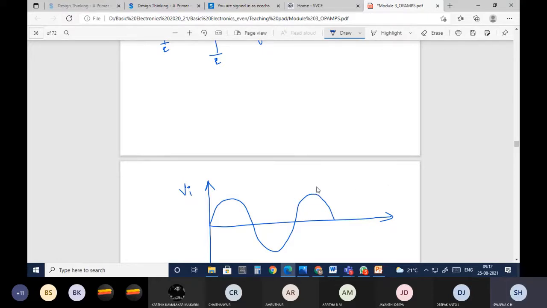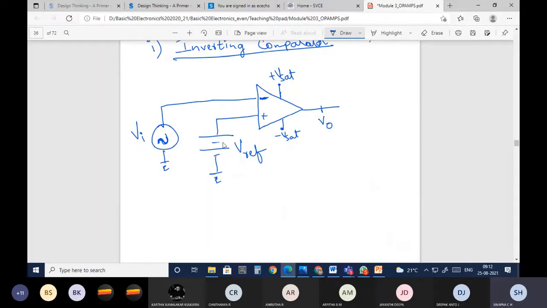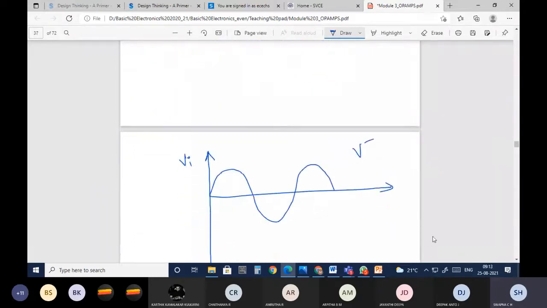So this complete sinusoidal waveform represents your V minus voltage. Now, to the non-inverting terminal, we are giving the V reference value. Let me take that V reference as some value here.